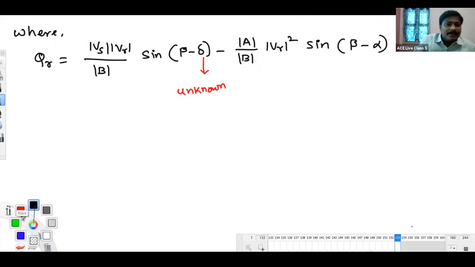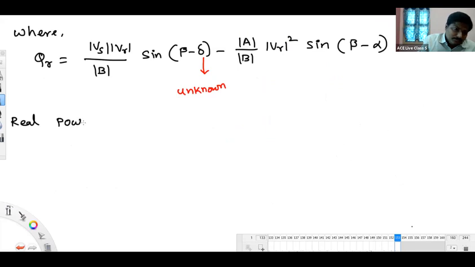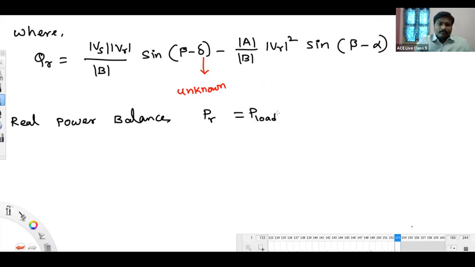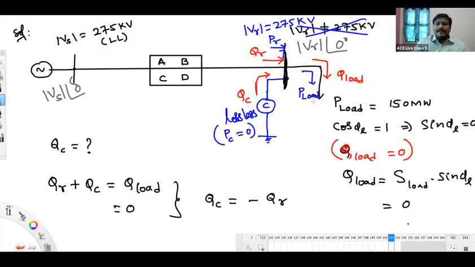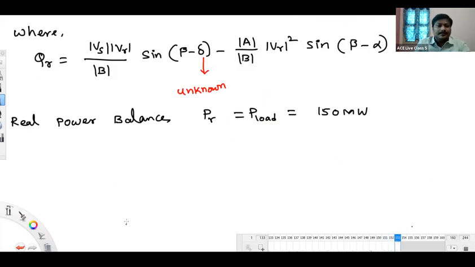Let me write the real power balance equation: PR is equal to P load, which is 150 megawatts.